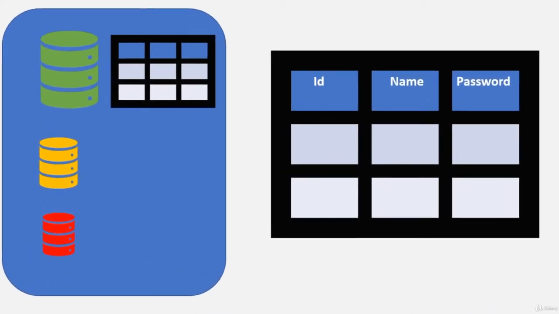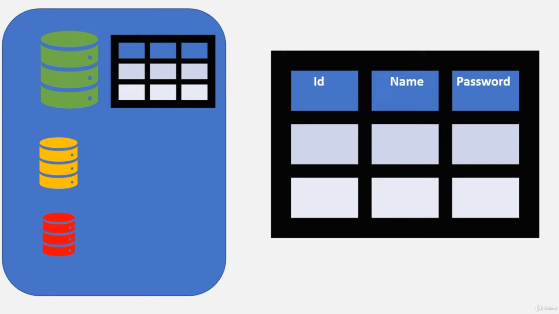Say if you want to store 3 key attributes about your user, you will create a table something like this. Table with 3 columns: ID, name, and password. And inside each column, you could specify what kind of value you are going to save and how the data is validated.